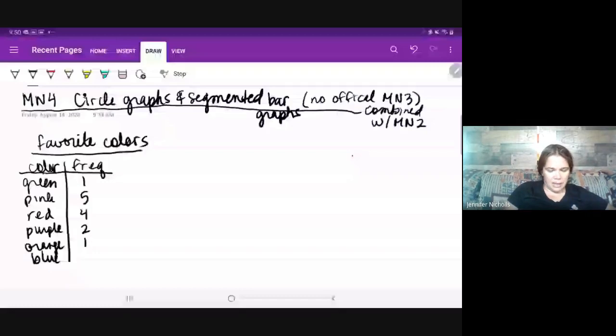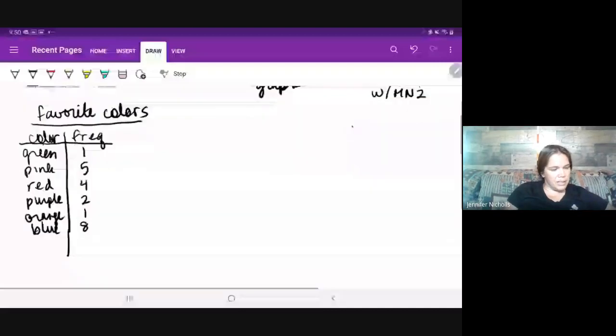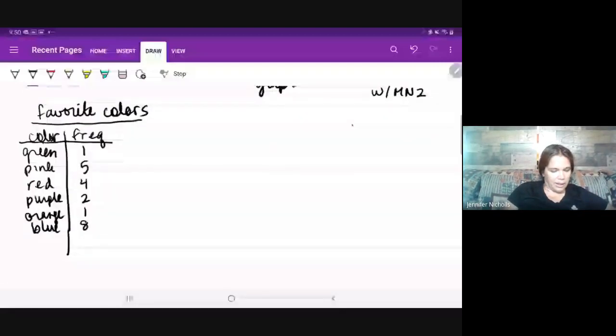I was telling my boyfriend that I was asking you guys what your favorite colors is, and he wanted to know what one. And I said blue. I was trying to remember. I think blue 1.